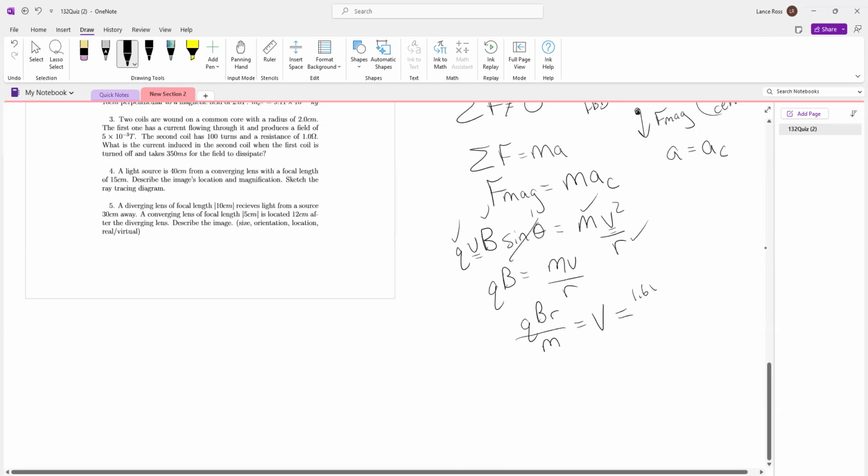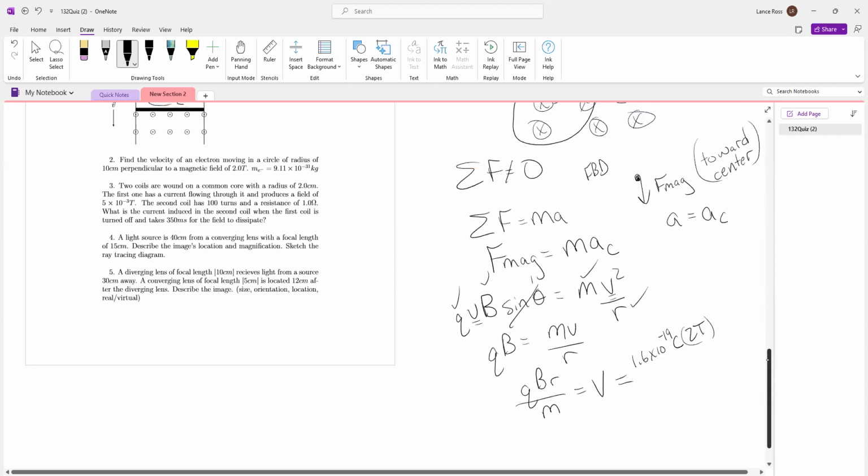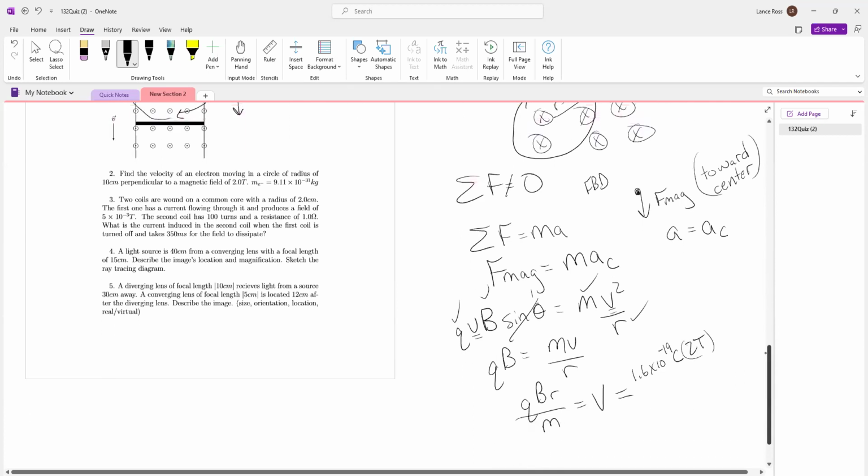So what is our velocity in the end? q is 1.6 times 10 to the minus 19th coulombs. B, we were given 2 Tesla. r is, I think it was 10 centimeters. Yep, 10 centimeters, so 0.1 meters. Oops, r is in the denominator. Oh, no, it is in the numerator when I bring it over.